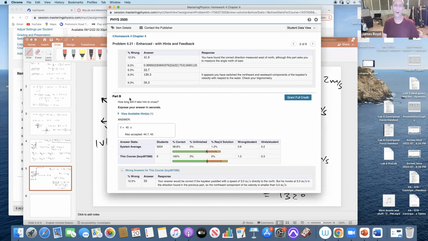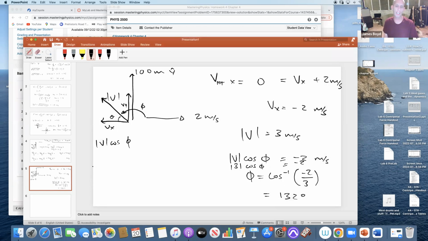Next, how long will it take them to cross? Okay, so this is a little bit harder. We now know that their velocity in the x is going to be 0. However, the total velocity is equal to the square root of the velocity in x squared plus the velocity in y squared. We know the velocity in x will be negative 2.